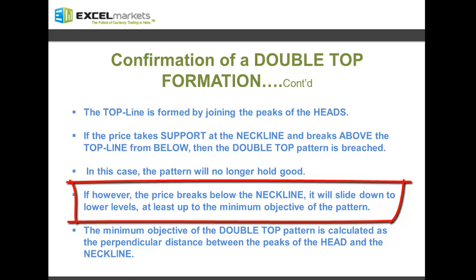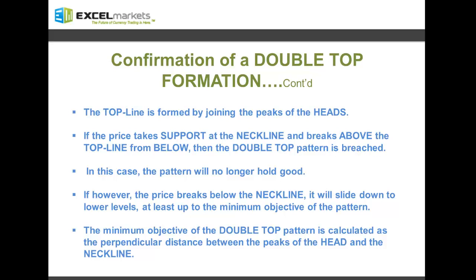The price is expected to slide down to lower levels by at least the minimum objective of the pattern. The minimum objective is calculated as the perpendicular distance between the peak of the heads, or the top line, and the neckline of the pattern.